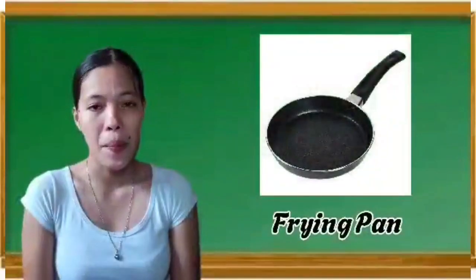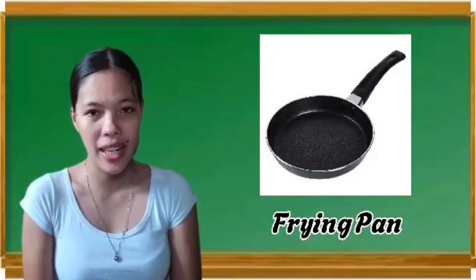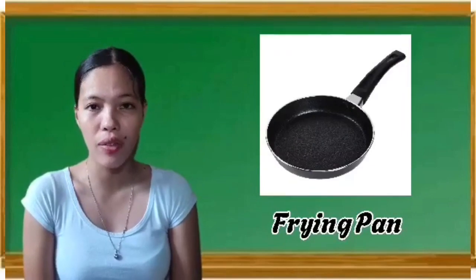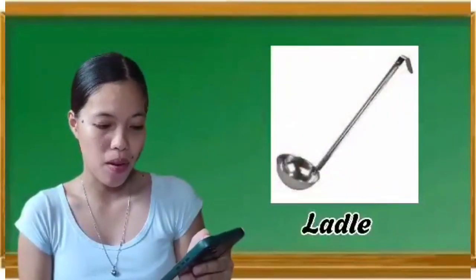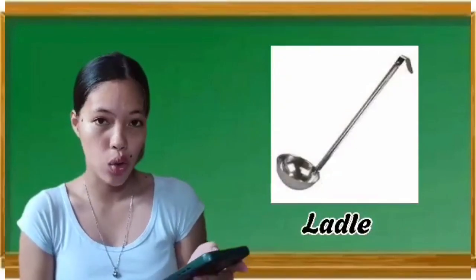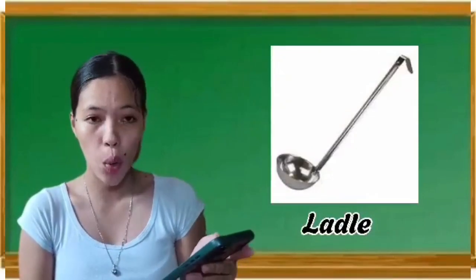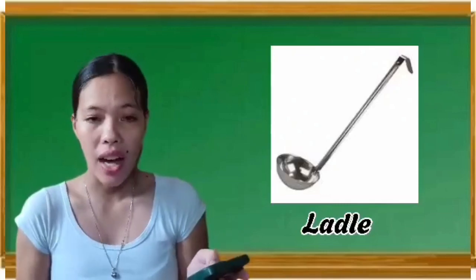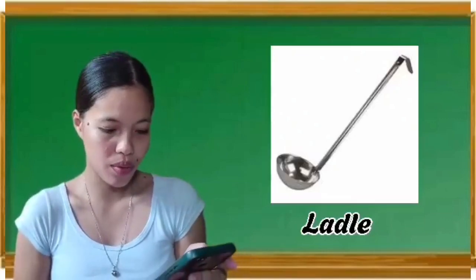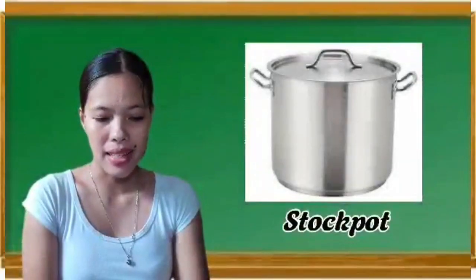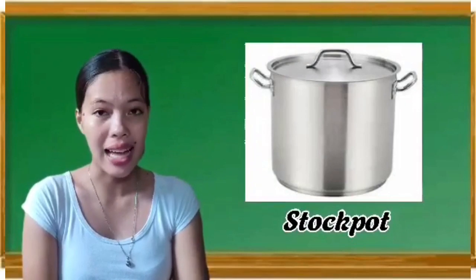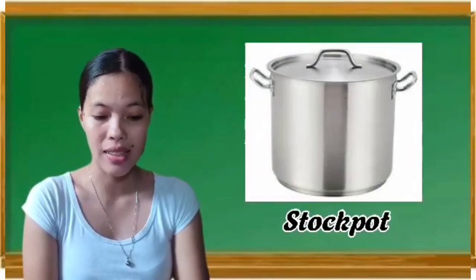Frying pan is used for frying, searing, and browning foods. Ladle is a type of serving spoon widely used for soup, stew, or other liquid food. Stock pot is a large pot with sides at least as tall as its diameter.